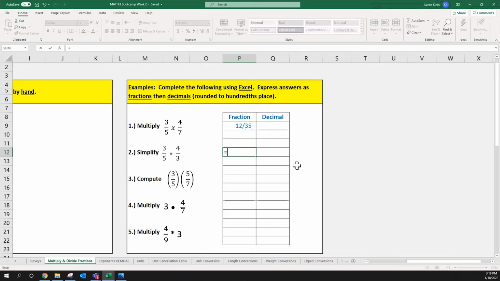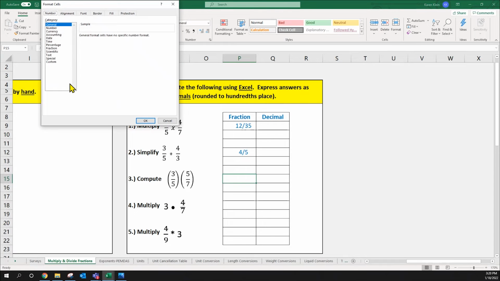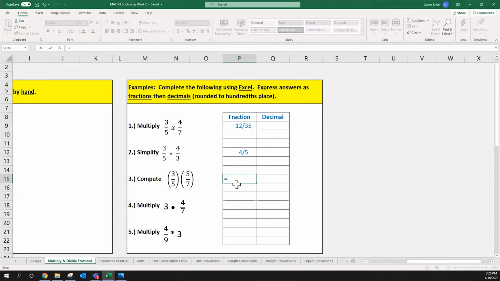So when I go down to my next fraction, 3/5 times 4/3, it has carried that formatting for me. We want to do that again. Fraction, 3 digits. This is basically how you display a fraction in Excel.